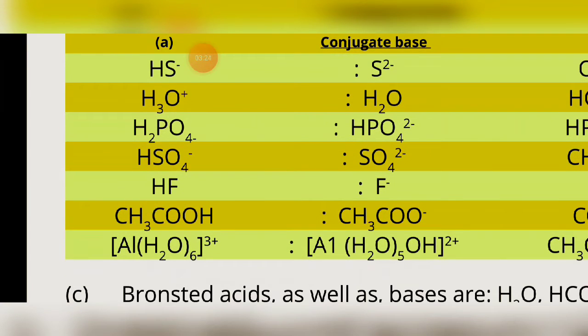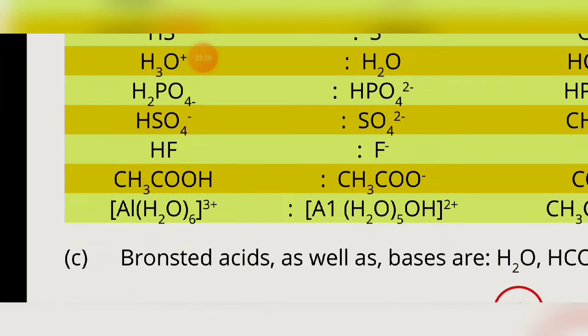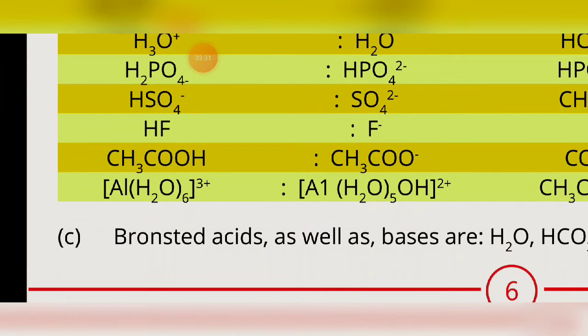It is the reverse. Acetic acid will convert into its conjugate base by losing one hydrogen, and similarly in aluminium hexaaqua, one hydrogen will be removed from one water molecule, and there will be left 5 water molecules and one OH inside the brackets.